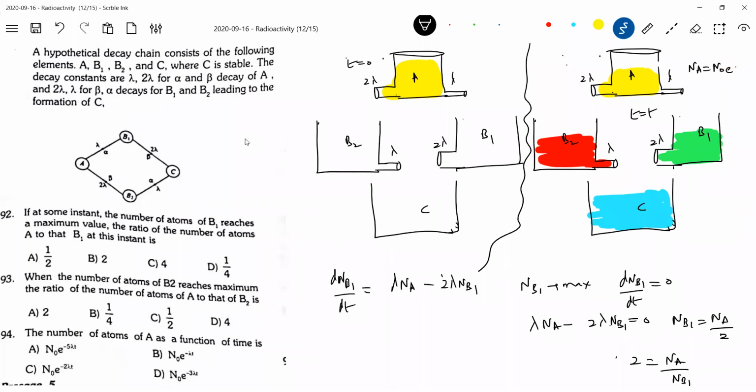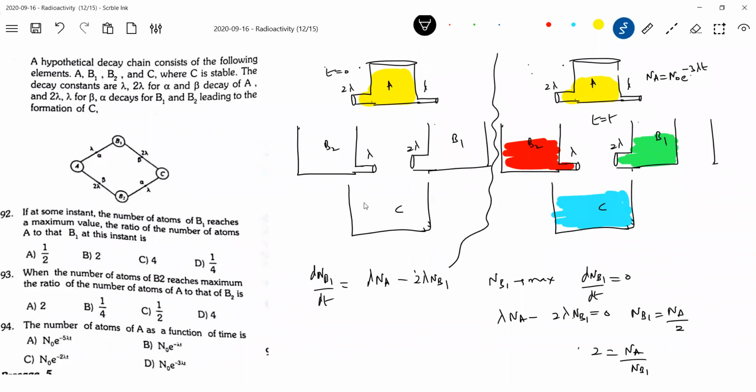e to the power of minus 3 lambda t. Please do notice why 3 lambda, why not lambda? It will undergo two processes, no? Lambda and 2 lambda. So what is the effective decay constant? So here I'll write it like this.